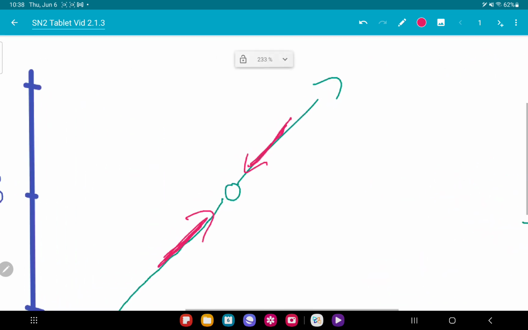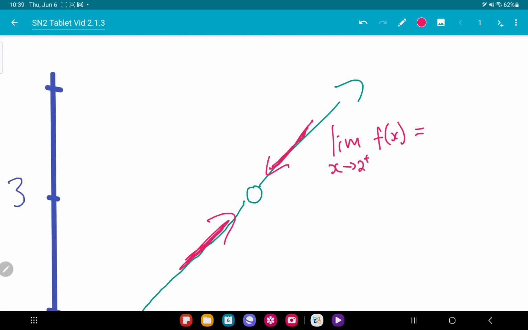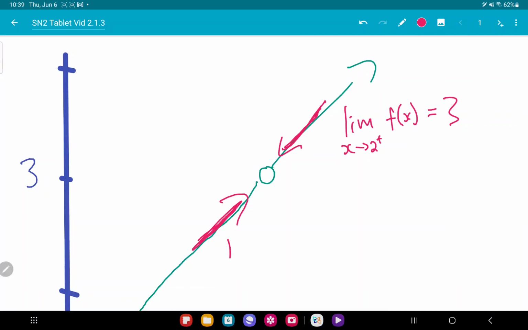So you can see that the limit as x goes to 2 plus of f of x is going to equal, well, I'm looking at the y value that it hits. It's going to be 3. And likewise, the limit as x goes to 2 minus of f of x is also 3.